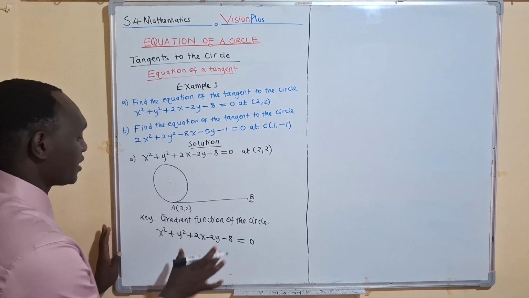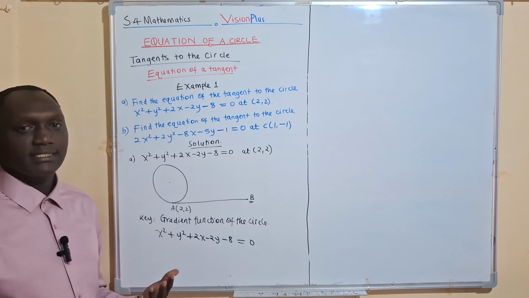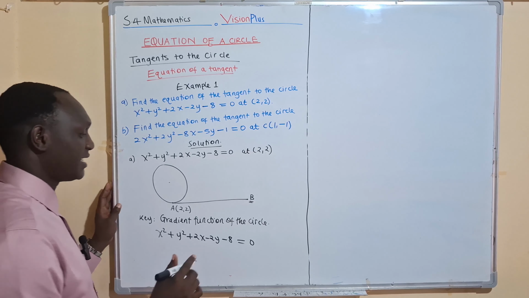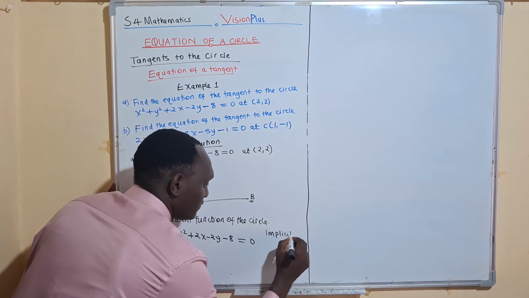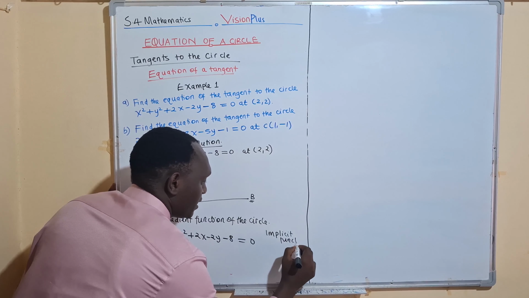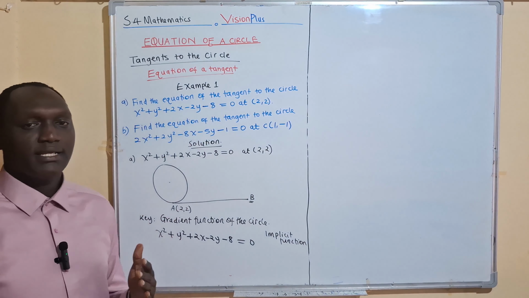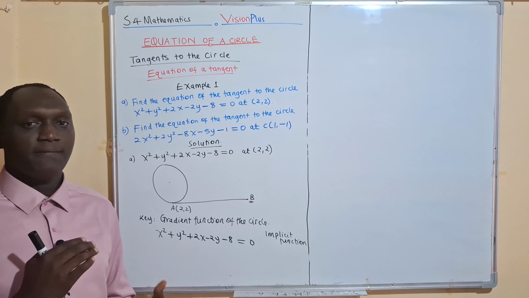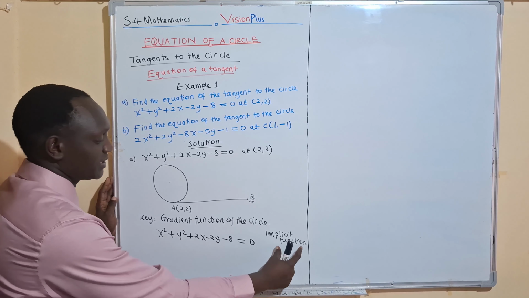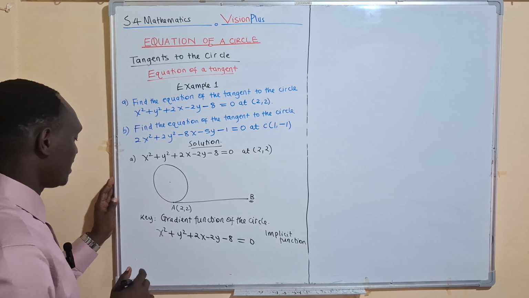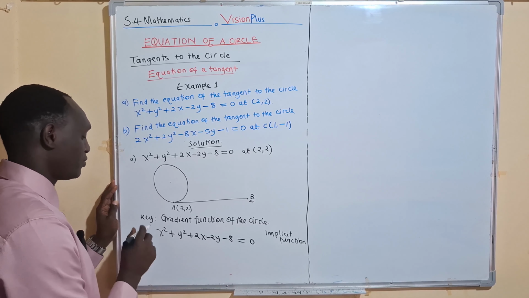To get the gradient function, we are going to treat the circle as an implicit function. If you have not yet learned differentiation, don't worry. I'm going to use the simplest steps possible. That means we shall differentiate both sides of the equation with respect to x.